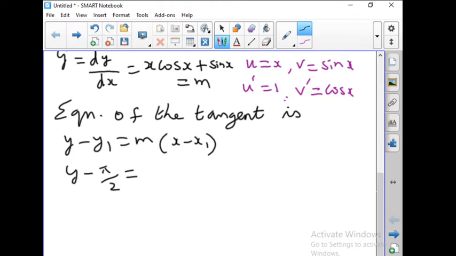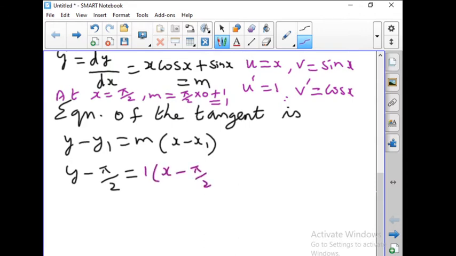Therefore, at x is equal to pi by 2, m is equal to pi by 2 into cos pi by 2, which is 0, plus sin pi by 2, which is 1. So m is equal to 1. So we get y minus pi by 2 is equal to 1 into x minus pi by 2.